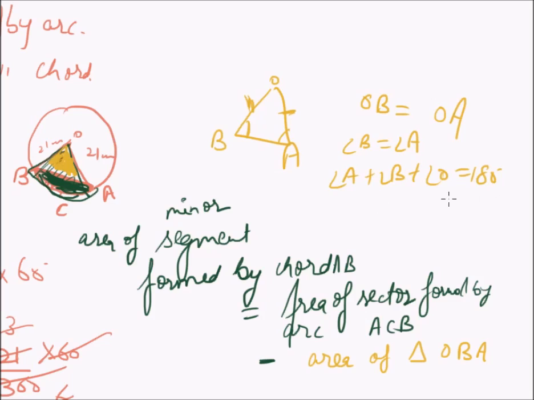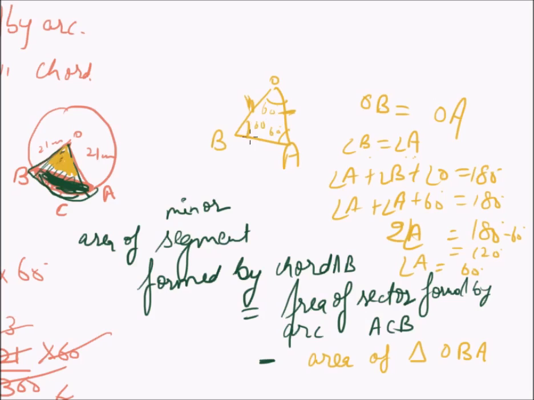Therefore angle B can be substituted as angle A, and O has been given as 60 degree. So twice of angle A is 180 degree minus 60 degree, that is 120 degree. So angle A has come out to be 60 degree. Similarly angle B is nothing but angle A, so it is also 60 degree.